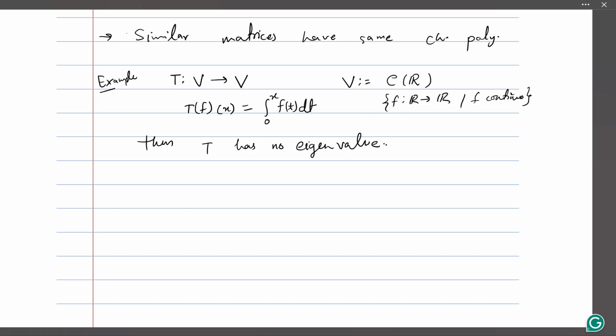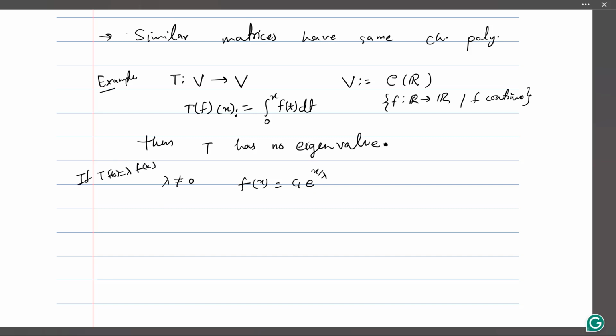First of all, how was it shown? It was shown by assuming, let's say, lambda non-zero is an eigenvalue, then getting a contradiction. Then if you assume lambda equal to zero, you also get a contradiction. If lambda is non-zero, then f is of the form c1 e power x by lambda.